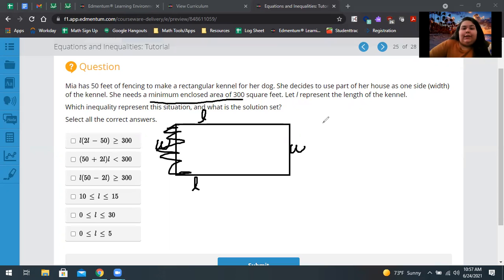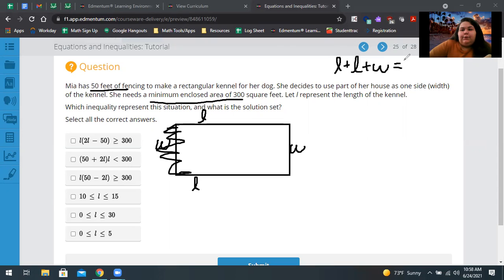We were given another key piece of information: 50 feet of fencing will make up the rest of that fence. So if I include this length, this width, and this length, that's going to equal a total of 50 feet. So let's write that equation now.